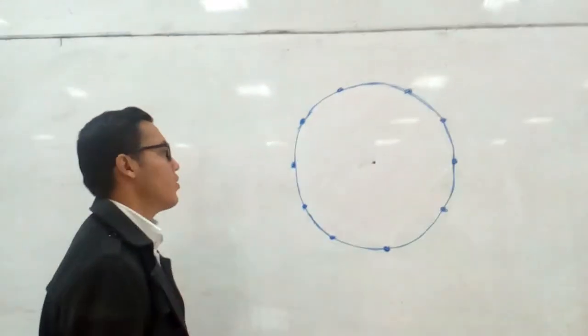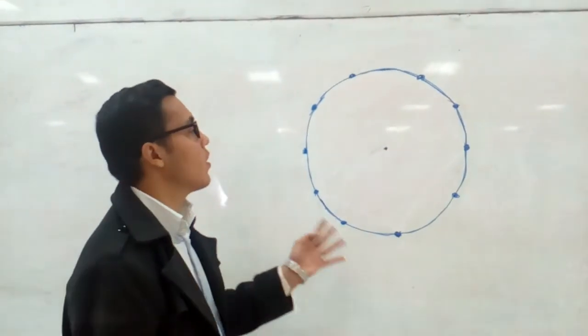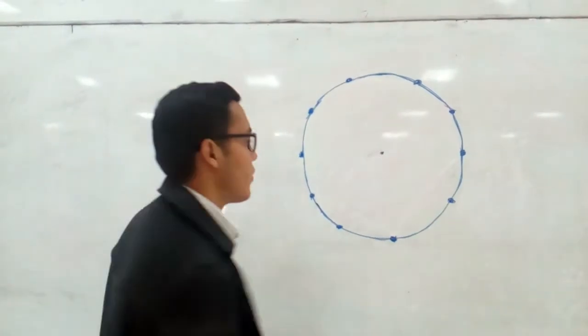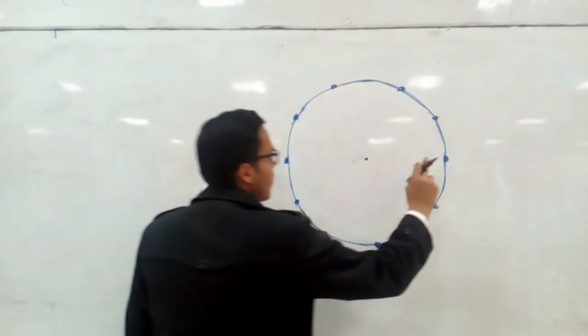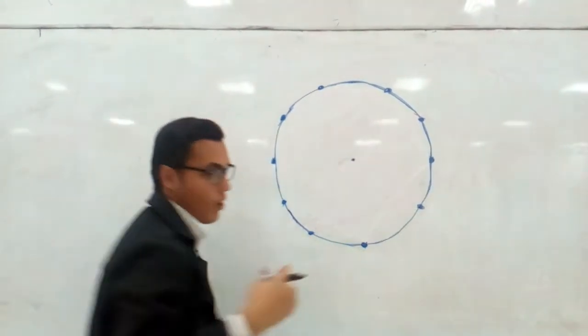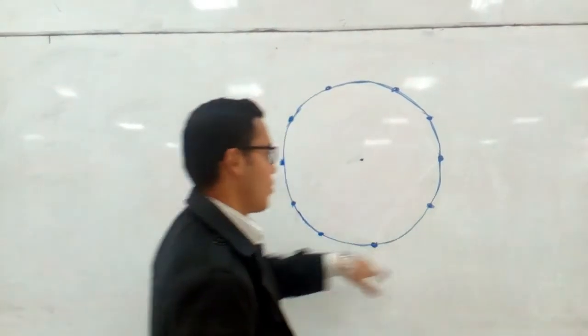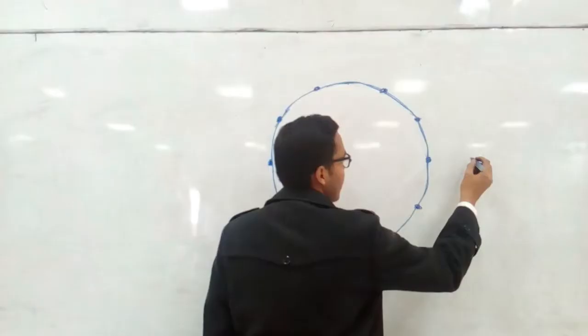So what we're gonna do here is connect this circle with an X and Y platform. So first, let us write a mathematical definition for every single part of this circle.